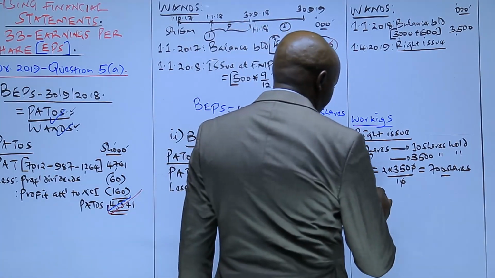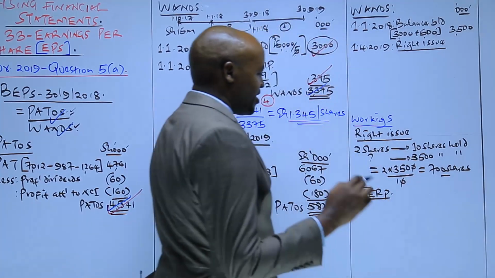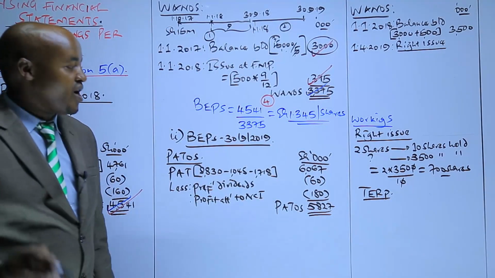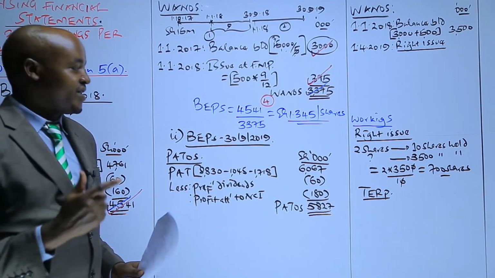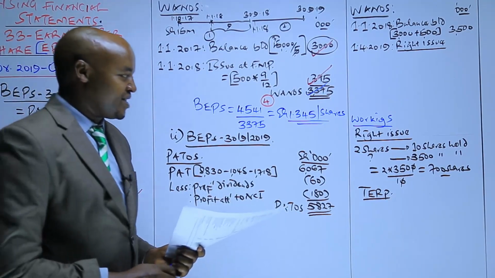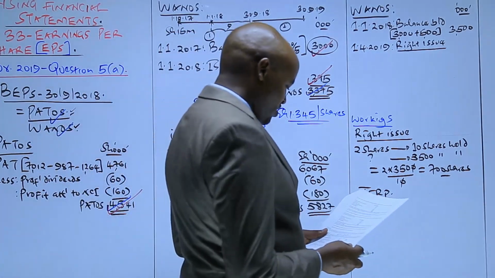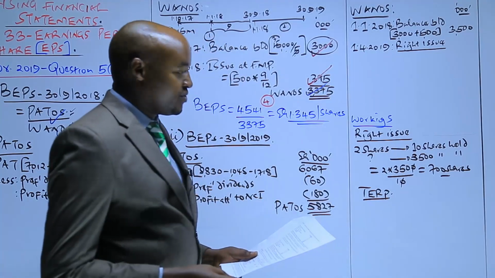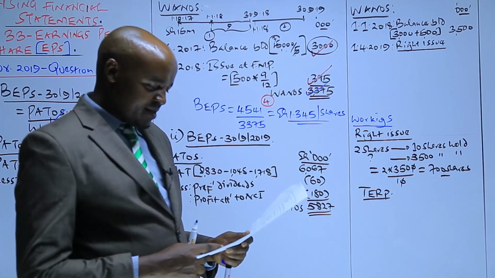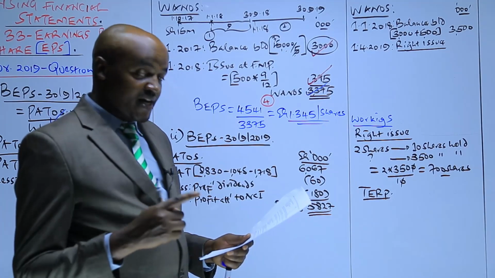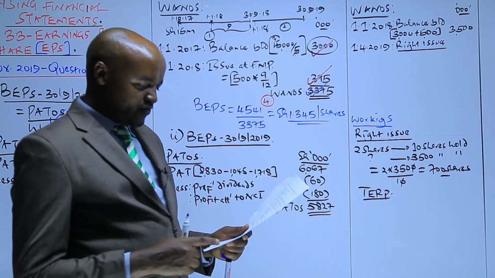But before we do that, we need to compute the theoretical ex-rights price. This is something the examiner will not have given you; you have to compute it. There is a formula which you covered in FM, Financial Management Intermediate level, but I gave a very simple approach in the previous session. From the last sentence of note number 3, we are told the rights price per share was 42.5.